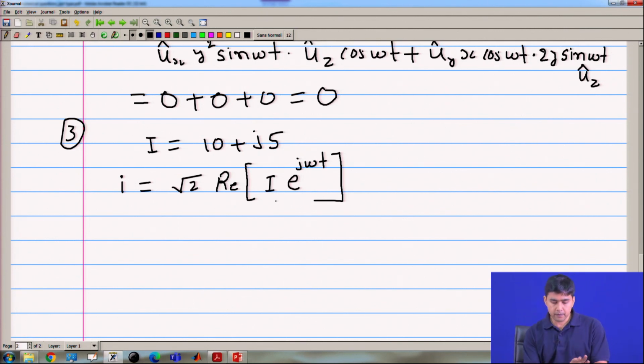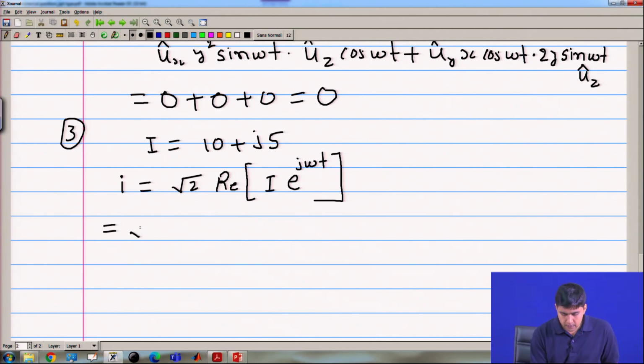So, we have to substitute 10 plus j5 in the I expression, and we will express e to the power j omega t as cos omega t plus j sin omega t, and we will extract the real component, that will be the instantaneous quantity.